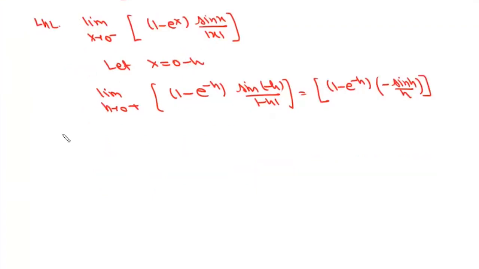Now we know that if h tends to 0 positive, then e⁻ʰ lies between 0 and 1.